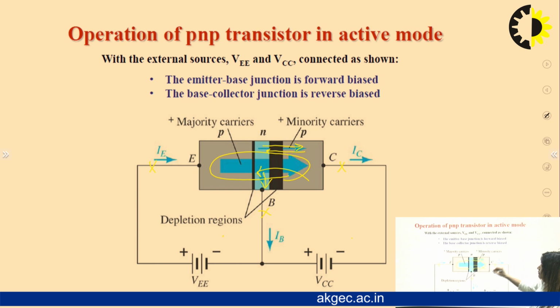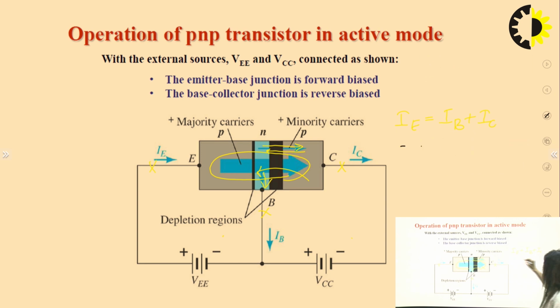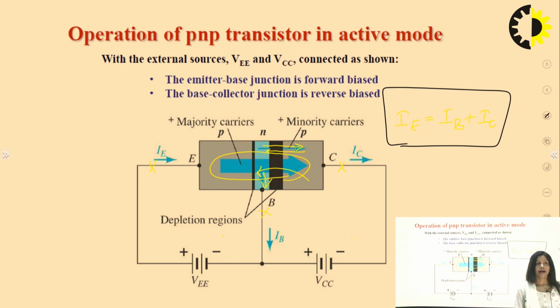Now if I apply KCL, then obviously IE is equal to IB plus IC. So this is the basic equation which all the configurations of the transistors follow. IE is equal to IB plus IC, where IE is the emitter current, IB is the base current, and IC is the collector current.